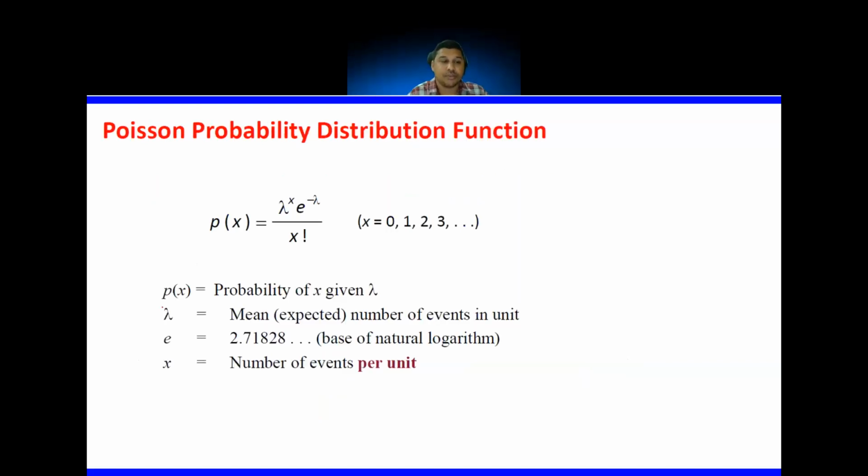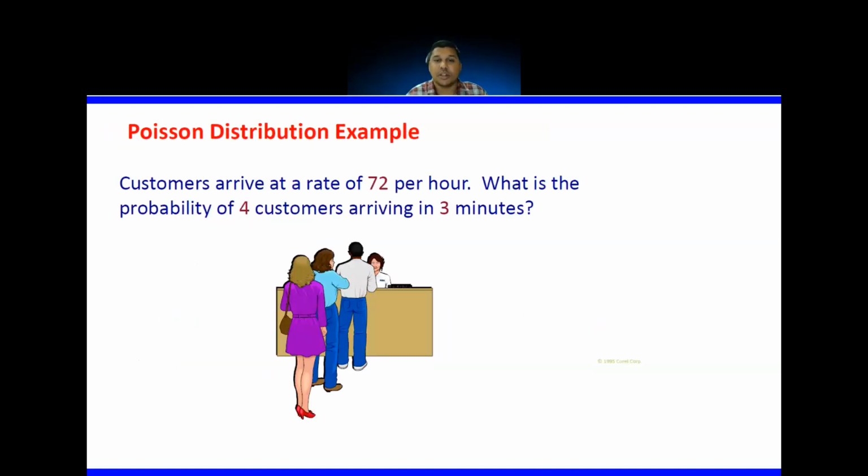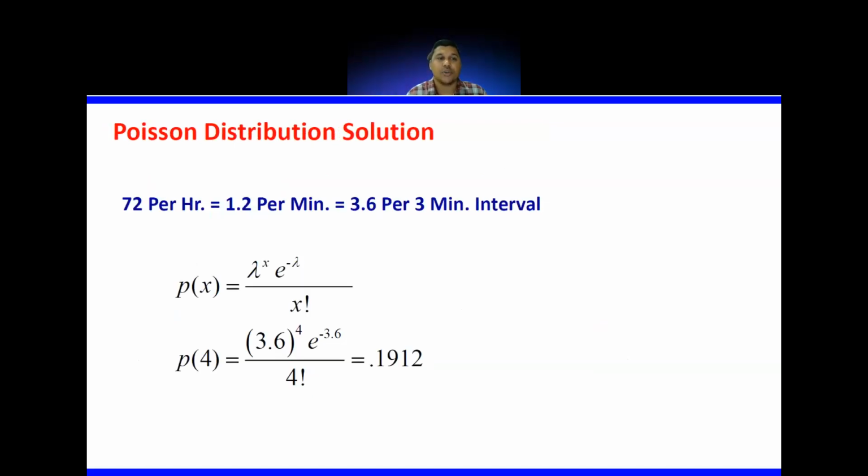Lambda is your mean number of events in a unit, that is 72 on average. The x value, the number of events per unit, is here the number arriving in 3 minutes. So let's see how you solve. 72 per hour means 1.2 per minute, so 3.6 per 3 minute interval.